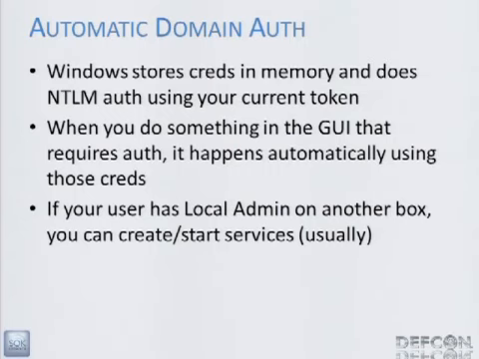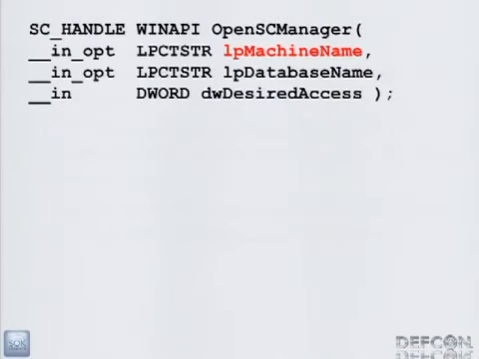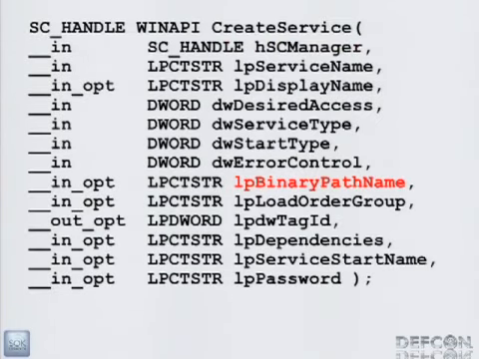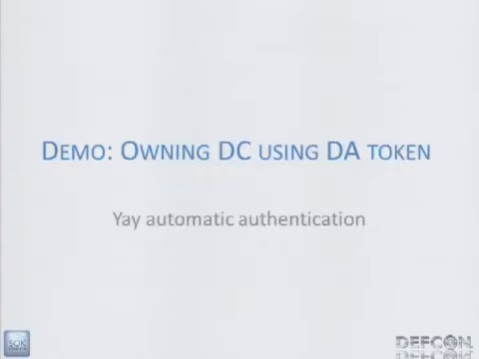And it turns out those services can also point to a UNC path. So this is the API call that does that. lpMachineName can be a UNC path, and it can be any server that you want to create a service on. lpBinaryPathName can be a UNC path, so it points back to your box.